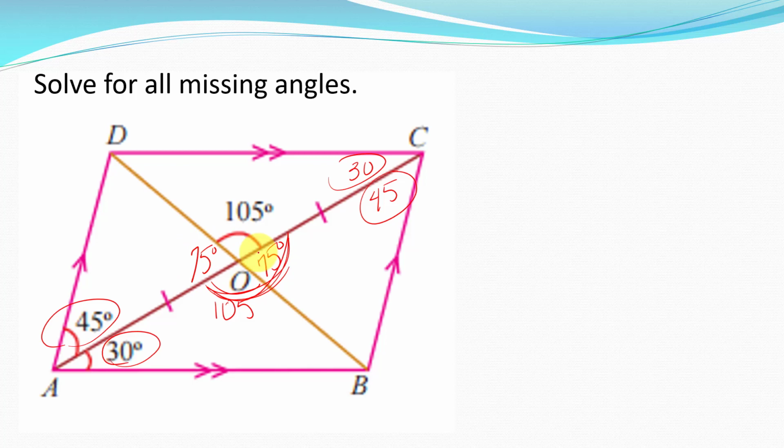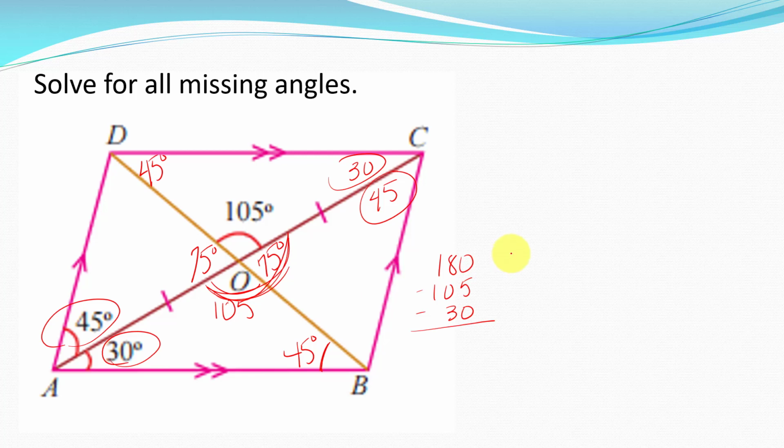From there I could find this missing angle because of triangle sum. So I've got 180 minus 105 and minus 30, so minus 135. That would give us 45 here. If that one's 45, then this one's 45. For the other, we can do triangle sum.